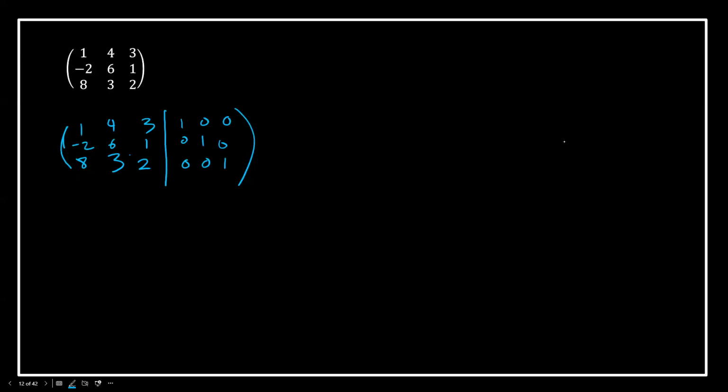I denote it as R3 new, our new row 3, is going to be the old R3 plus 4 times R2.